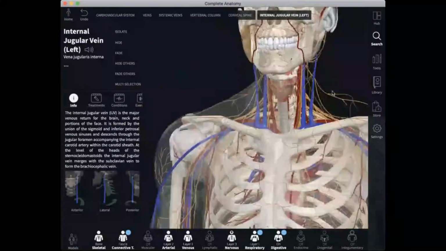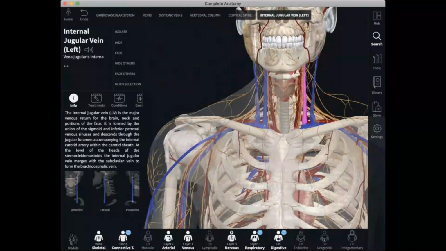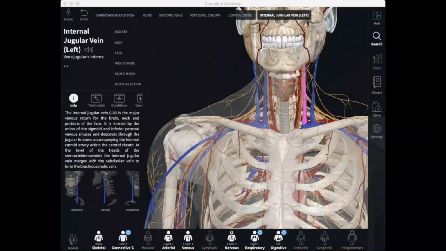If you cut the neck, let me draw and explain. Here you have the vertebra, the transverse process and the vertebral body.